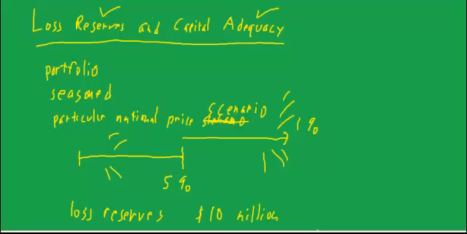But in the case of loss reserves and capital adequacy, you could look at a particular scenario and then vary house prices going forward around that, have the variability of individual houses relative to that national scenario. So there's still a lot of modeling, a lot of simulation in order to arrive at these kinds of calculations.